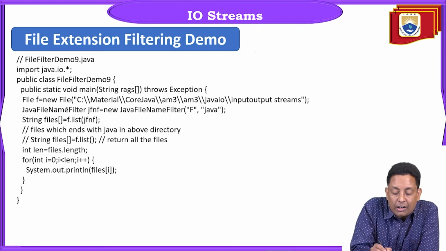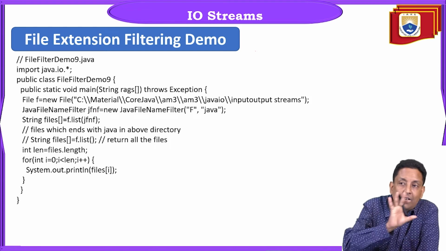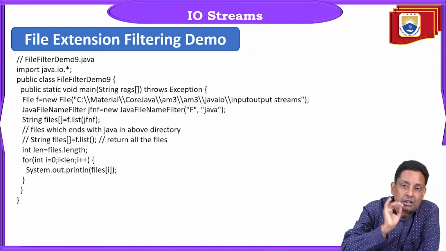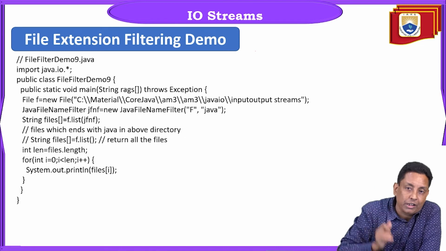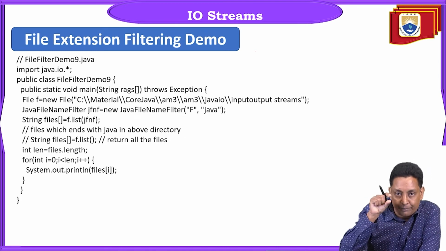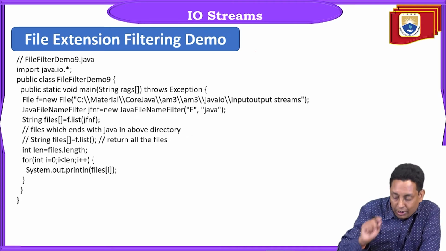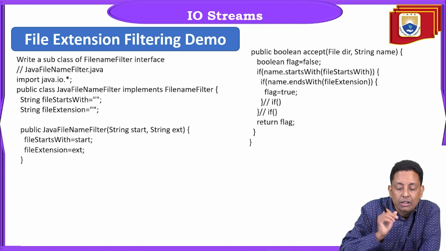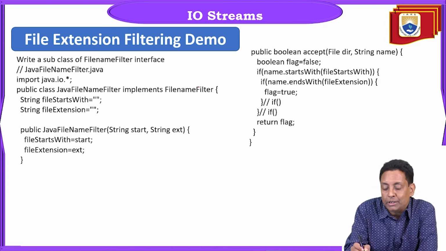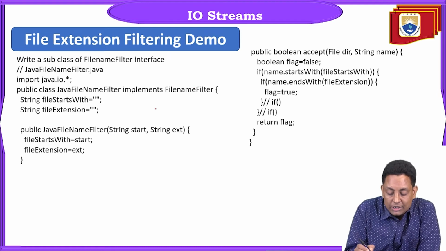Then here we are creating one JavaFileNameFilter class object. What is a JavaFileNameFilter class object? Remember, it is not a predefined class. If you want to filter the files in a directory, you need to write one class called JavaFileNameFilter that implements the FilenameFilter interface.